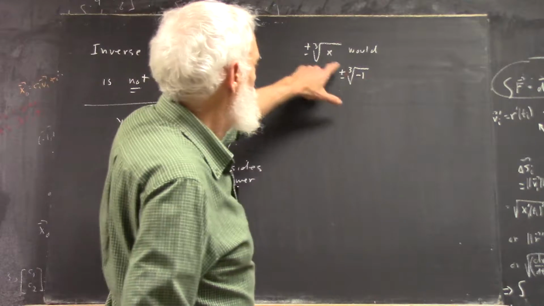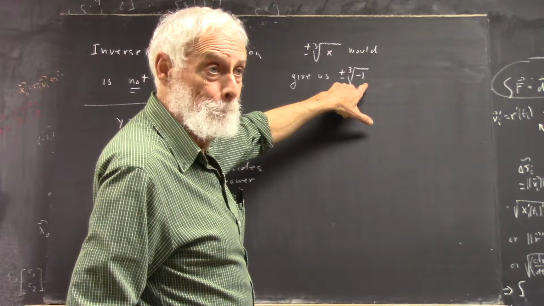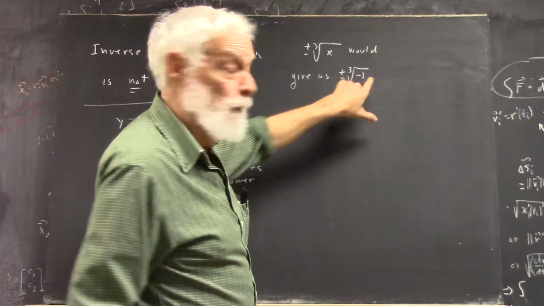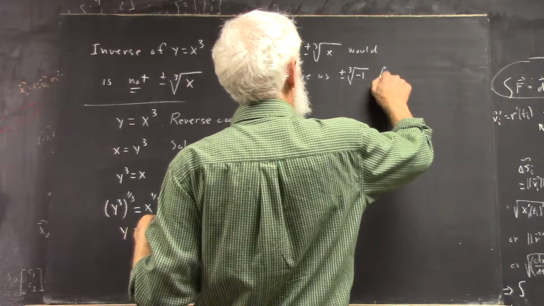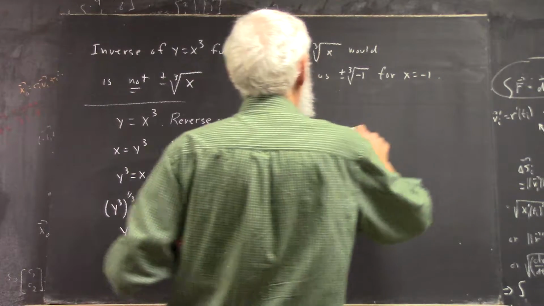Plus or minus the cube root of x would give us plus or minus the cube root of -1, right? for x equals 1. For x equals -1.